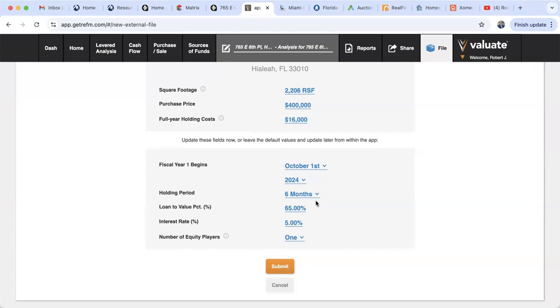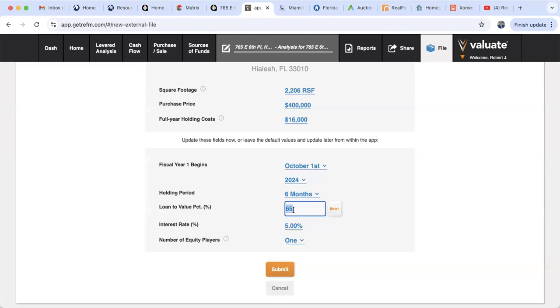Now, are you going to obtain a loan to get this done? Most investors are going to obtain what's called a hard money loan, not a conventional, and definitely not an FHA. So it must be some type of hard money lender who's going to loan you a percentage of the purchase price for a bit higher interest rate, but it's a short-term loan.